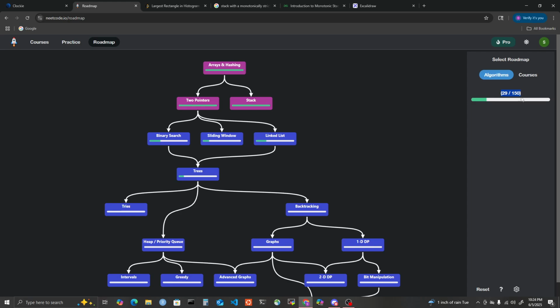29 LeetCode problems completed. 3 algorithms finished up. And it's day 11, right? So, pretty good pace, because I have like 60 days overall to do it.